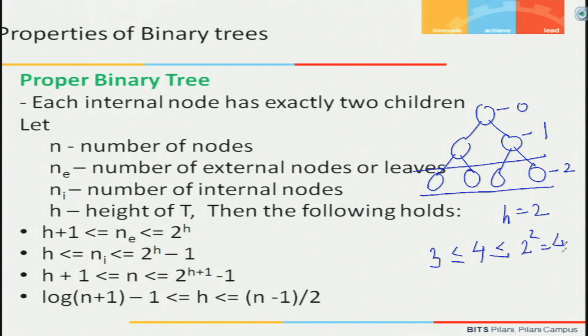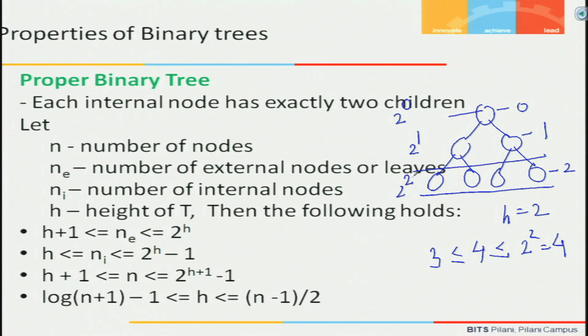Right. So, this result which we have seen empirically can be easily proved in general. What we need is the following observation, that in a proper binary tree, if you look at a depth h, for example, at depth 0, you have precisely 2 power 0 nodes. At depth 1, you have precisely 2 power 1 nodes. At depth 2, you have precisely 2 power 2 nodes.